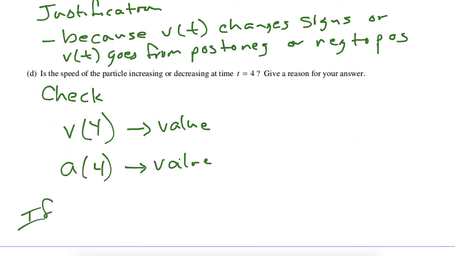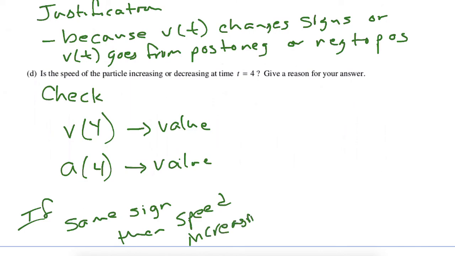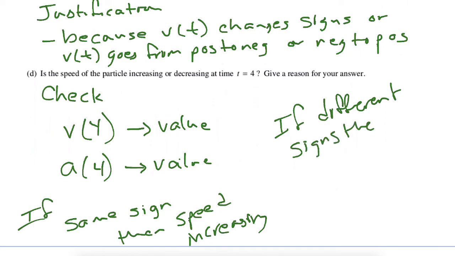If they have the same sign, then speed is increasing. If they have different signs, then speed is decreasing. So you've got to check the sign on both velocity and acceleration.